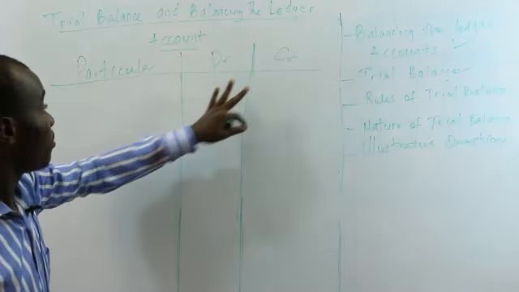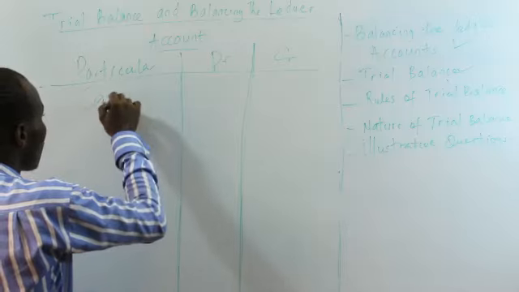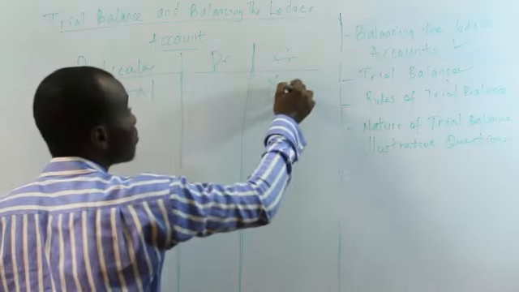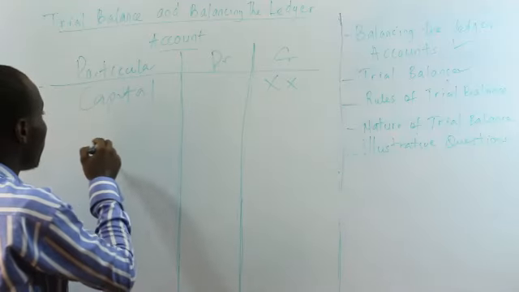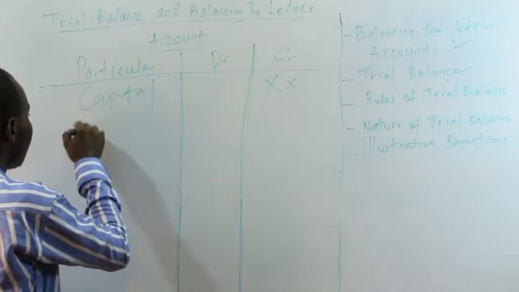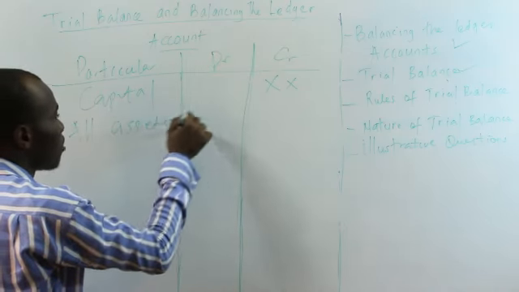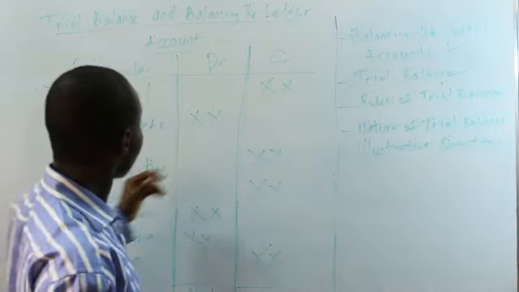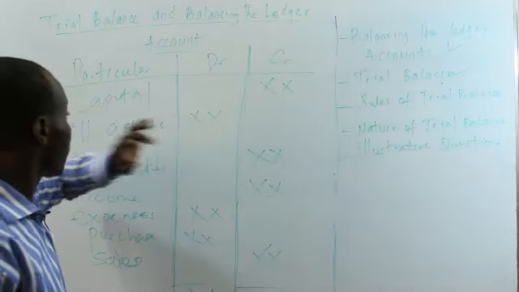For instance, we have the capital of the proprietor, which always has a credit balance, so it comes to the credit side. We have all assets.